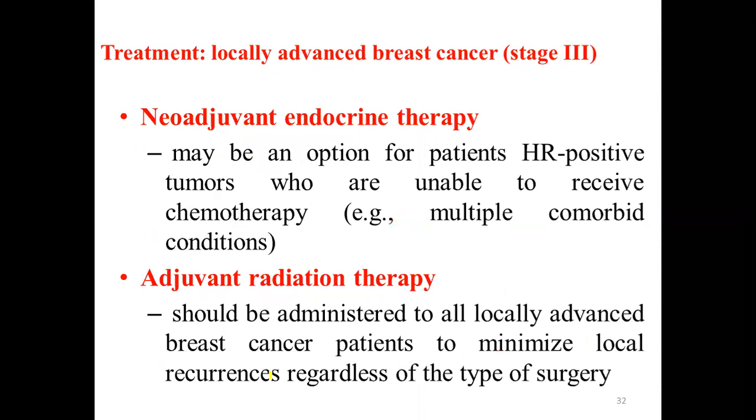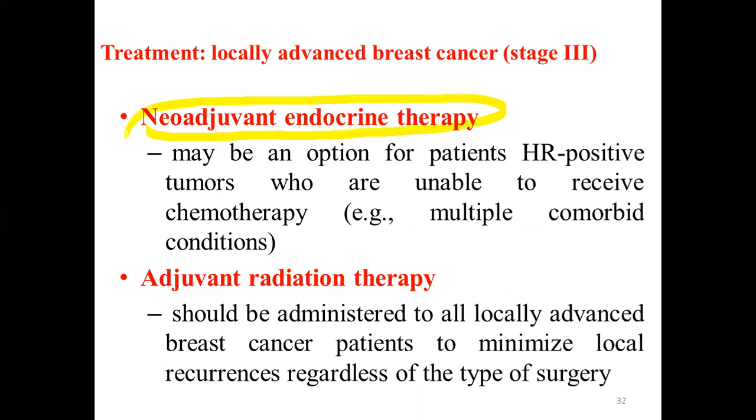Sometimes we can use neoadjuvant endocrine therapy. We use it when the patient is hormone receptor positive but not able to receive chemotherapy. Remember, there is a chemotherapy component and an endocrine therapy component.